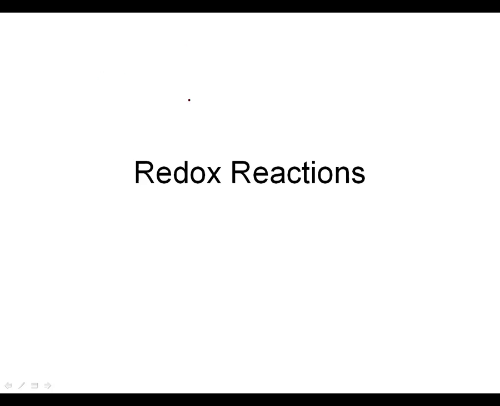Basically, redox reactions are oxidation and reduction reactions. And usually for us in general chemistry, when we talk about oxidation, as we talked about before, that is when we have a loss of electrons, and reduction is when we have our gaining of electrons.